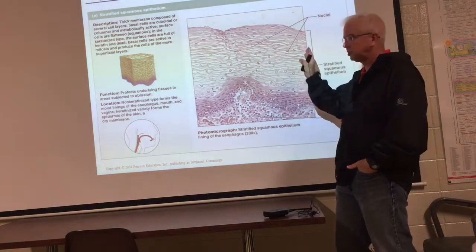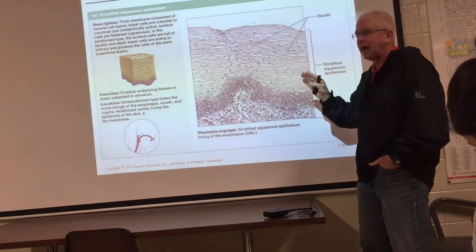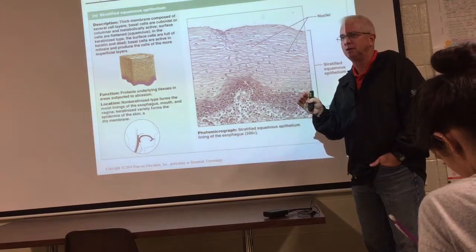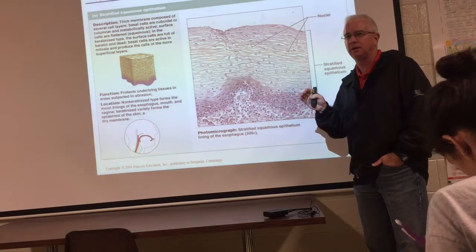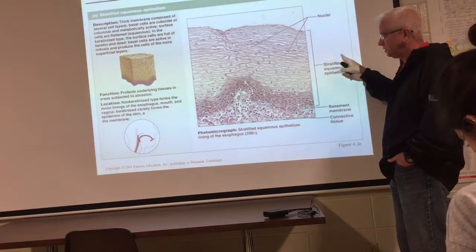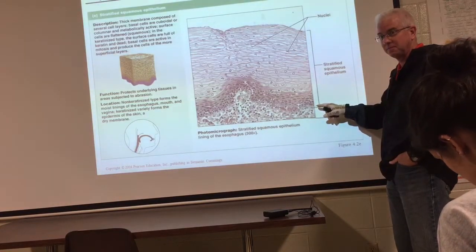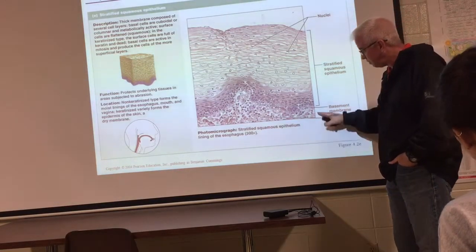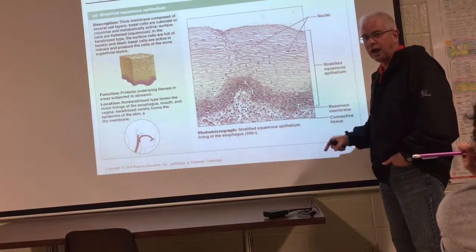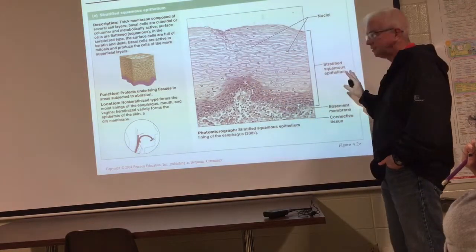So if I had a histo picture like this, and I had the picture at the junction of the esophagus and the stomach. And so the picture over here continued as stomach lining over here. And I put an arrow right here and I asked you to identify this junction. How would you know that this is esophagus and this is stomach?